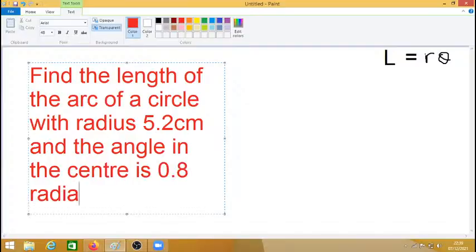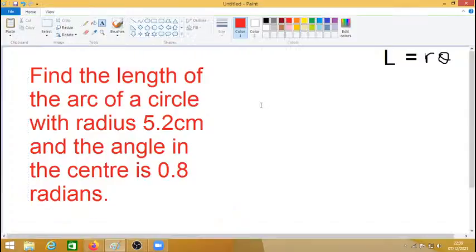Because it's in radians, we can go ahead and use the very short formula. So the formula is L equals r times theta. We're going to use 5.2 as our r, and we're going to use 0.8 radians as our angle.